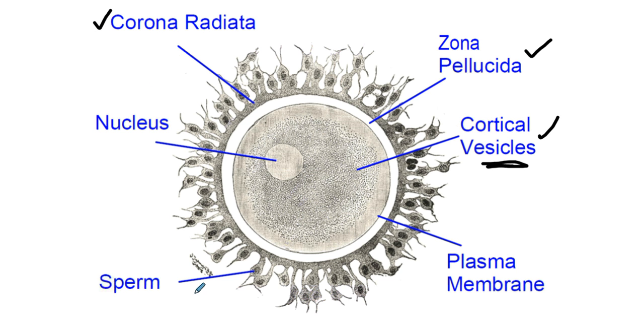And the sperm will bind to this outer corona radiata. And what they want to do then is eventually tunnel their way through the zona pellucida, and then enter in through that membrane there, the plasma membrane. So once again, we have an outer membrane, the corona radiata. Then you have kind of a dead space, the zona pellucida.